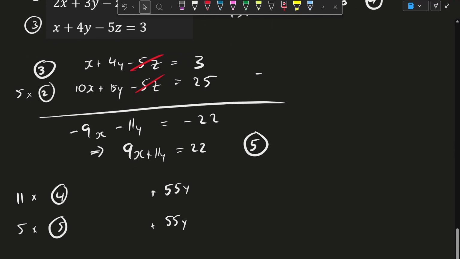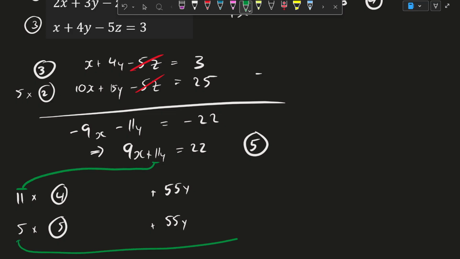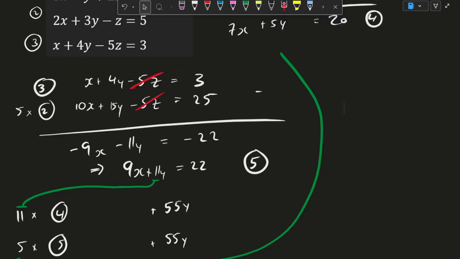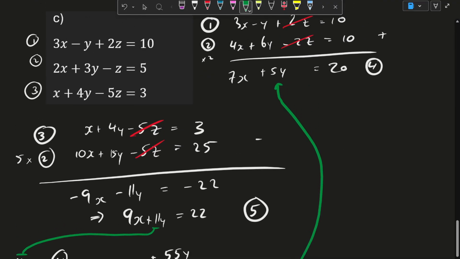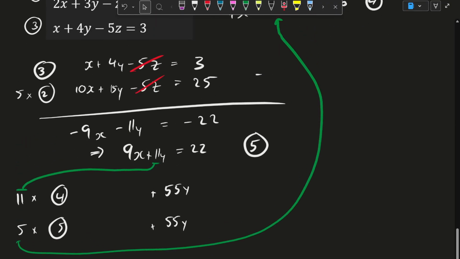So that's essentially the strategy. So you multiply one equation by the coefficient of the other. So this 11 comes from here, and this 5 comes from all the way up here.